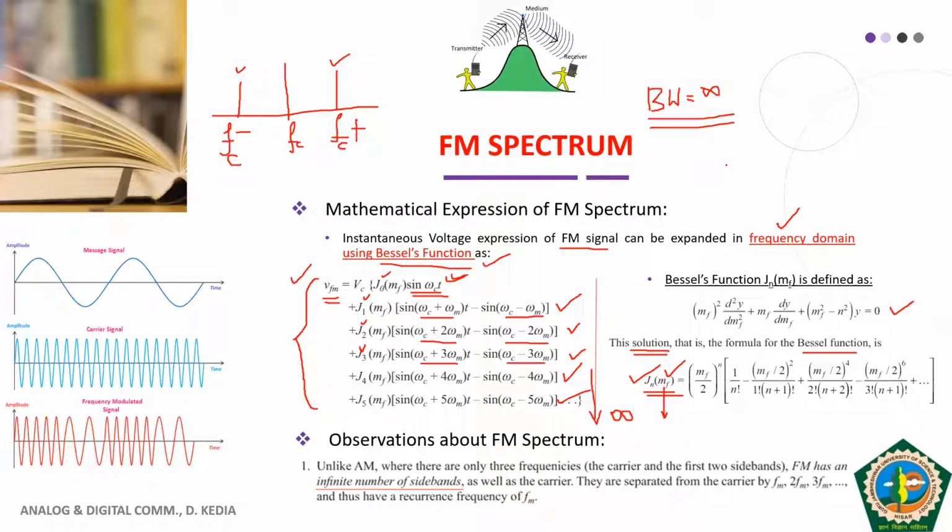Though I told you that the quality of signal in case of FM is good, FM is complex. Another disadvantage we have just noticed is that infinite bandwidth, or at least much larger bandwidth, is required in case of a frequency modulated signal as compared to an amplitude modulated signal. I hope all of you have understood this concept.